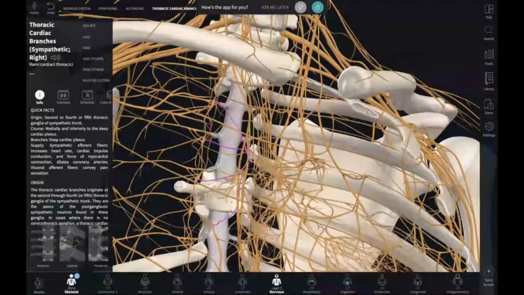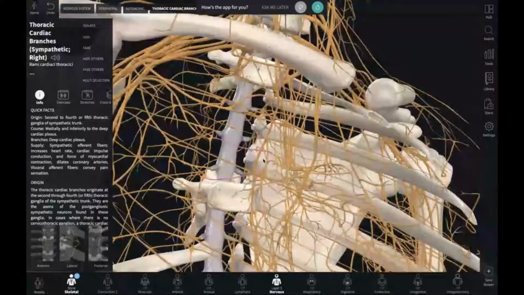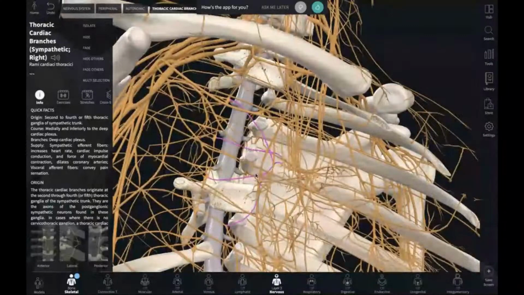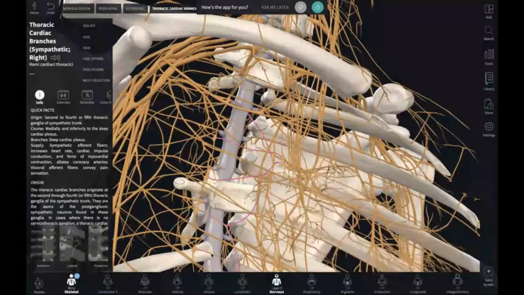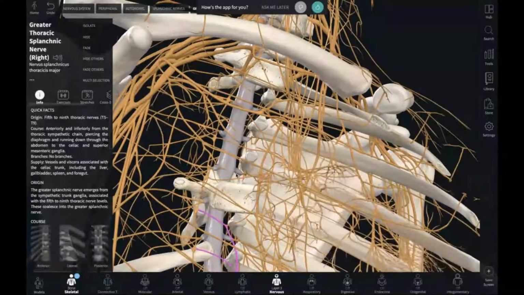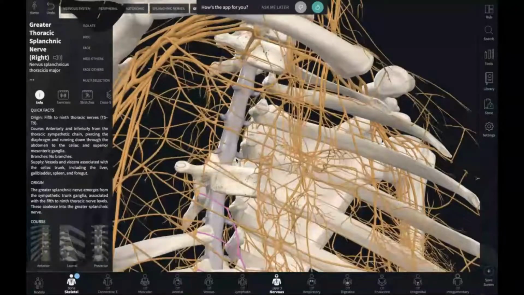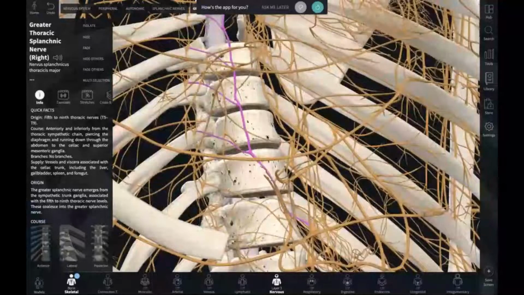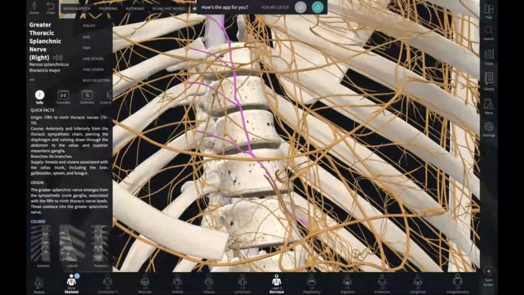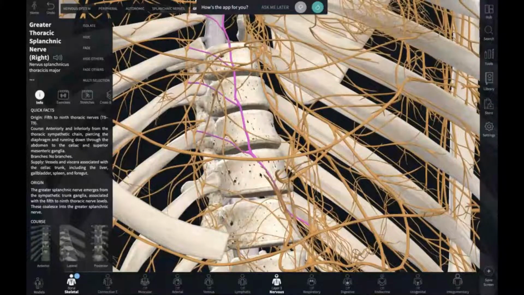Thoracic cardiac branch of the sympathetic plexus. This branch is supplying the trachea and the bronchus. Okay, likewise this branch is supplying the splanchnic plexus. They are forming the splanchnic plexus and it is supplying the organs like liver, gallbladder, spleen and the foregut.